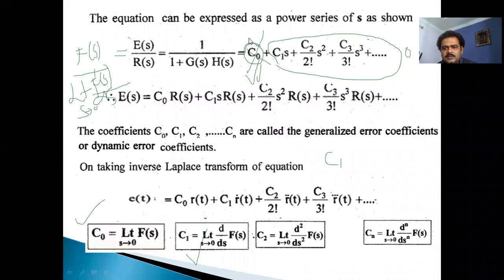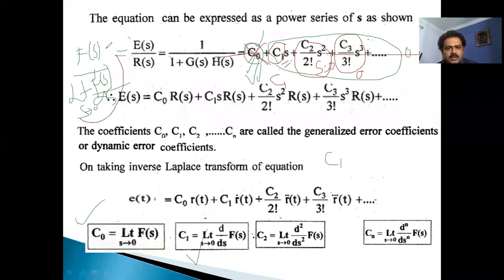The second case, this becomes 0. Because of the s term, if we substitute s is equal to 0, this term becomes 0. Because of the s square term present in this, after differentiating, this term also becomes 0. So all these terms become 0, and this is also 0. Only the term left over is C1. So if we differentiate with respect to s, only the value C1 you will get.